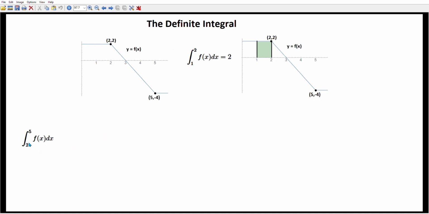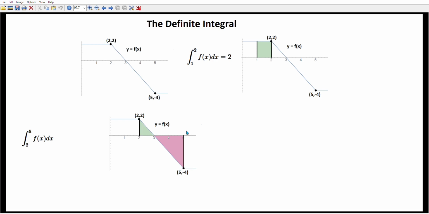Now let's look at the definite integral between 2 and 5, and that's from here to here. Now notice there's some stuff above the axis and some stuff below the axis. The stuff above the axis counts as positive area, and this is height 2, that's length 1. 1 times 2 is 2, and since it's half base times height, this has area 1.